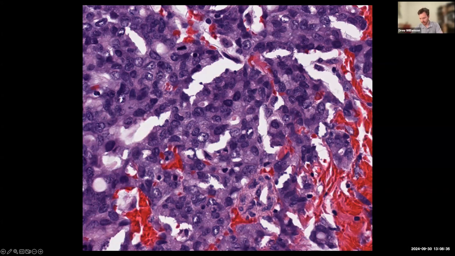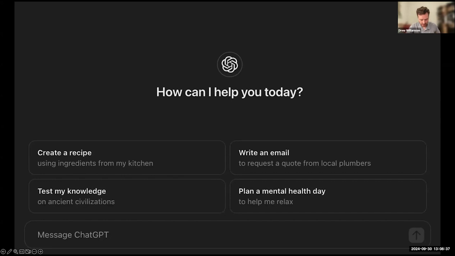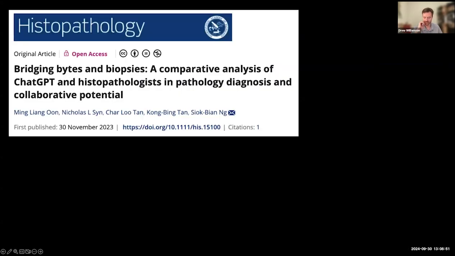And I think probably everyone living and breathing nowadays has been touched in some way by the mainstream hype for AI. Many of you may be familiar with this interface for ChatGPT. Pathologists and medical practice are not immune from this mainstream hype.